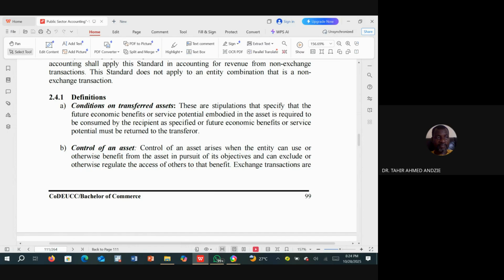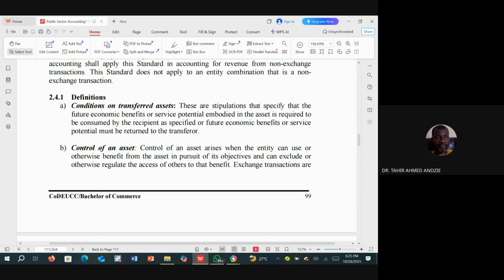These are stipulations, and when we say stipulations, they are restrictions or conditions that specify that the future economic benefits or service potential embedded in that asset are required to be consumed by the recipient as specified.